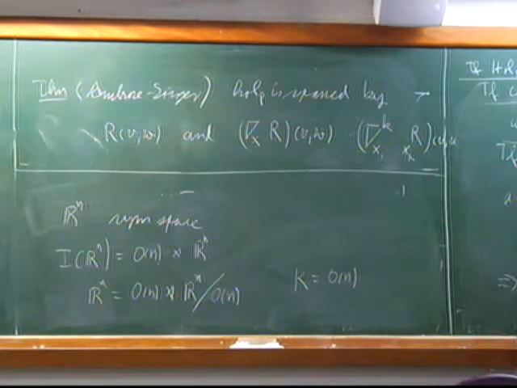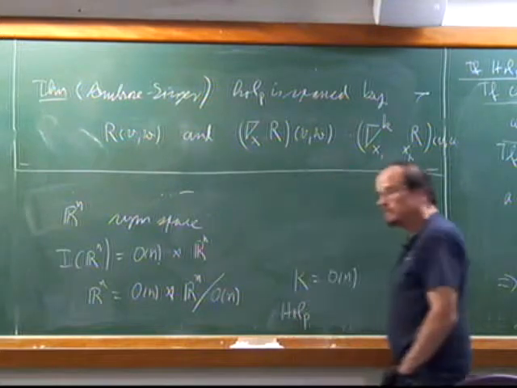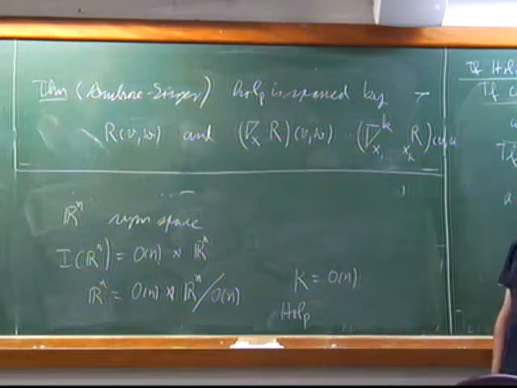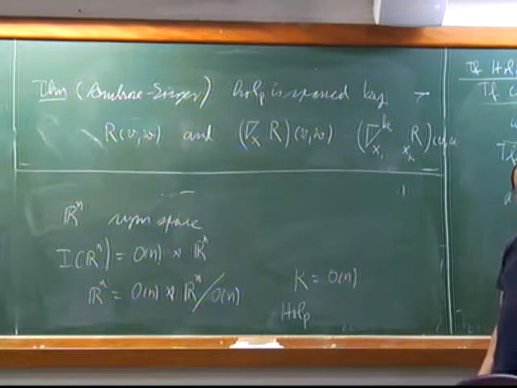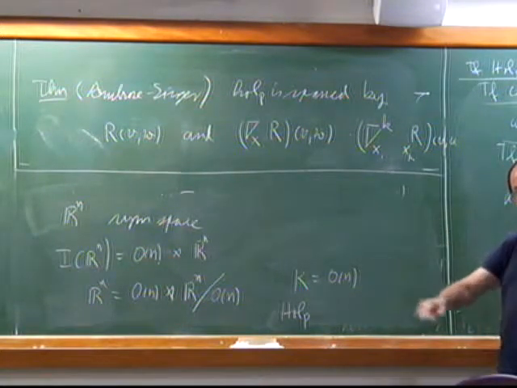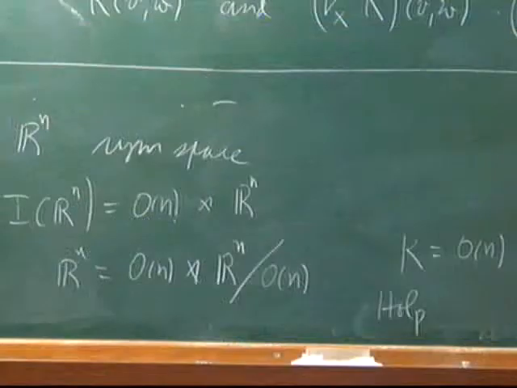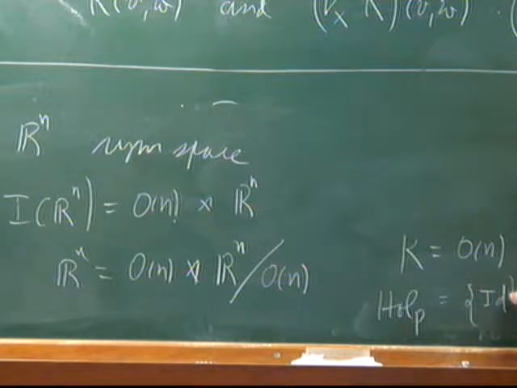Okay. But what's the holonomy group? What's the holonomy group of Rn with the usual metric? So I take parallel translation along a closed path in Rn, I get the identity. The group is trivial.